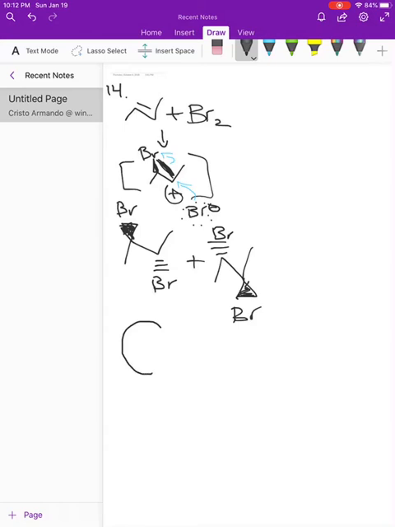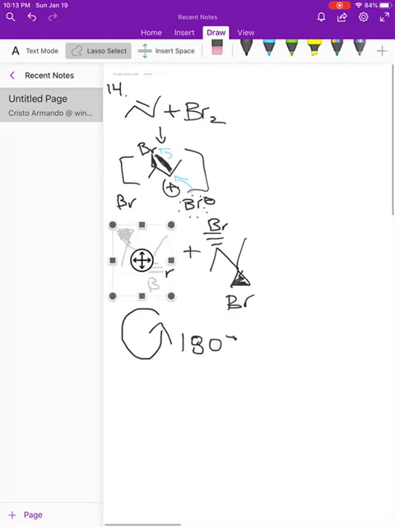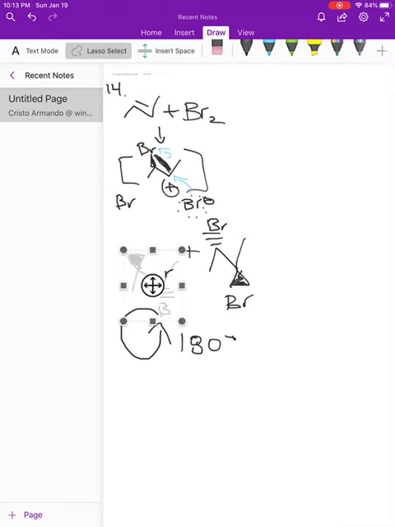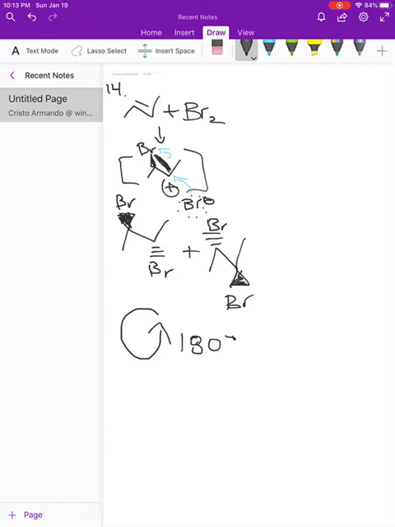about 180 degrees, right? If you flip this molecule, then what ends up happening is that it's going to look just like the molecule on the right, so they're actually identical molecules.